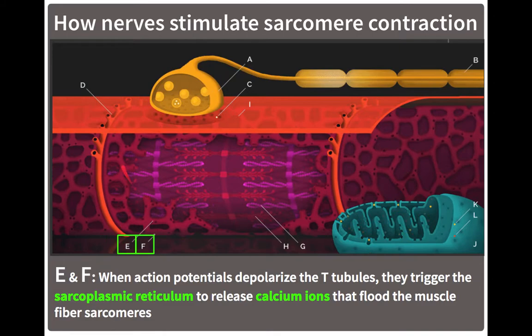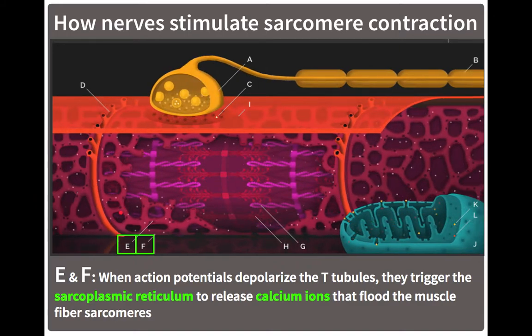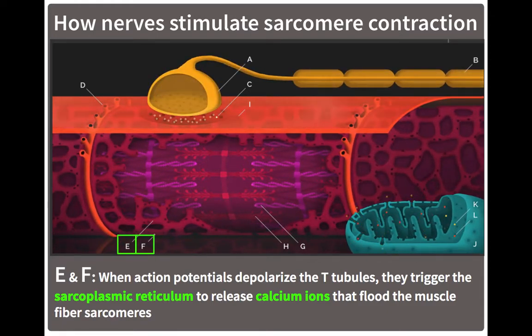And so what happens when the action potential travels deep inside? Well, then the action potential travels through the sarcoplasmic reticulum, which, remember, is a specialized endoplasmic reticulum in muscle fibers that stores lots of calcium ions.